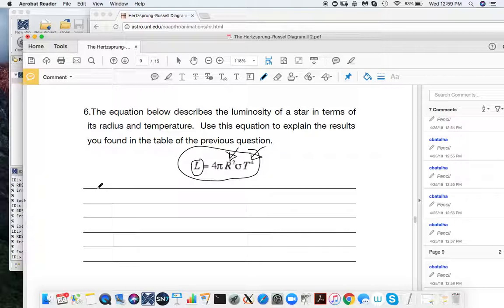So basically, the luminosity depends on how big the star is and also how hot the star is. But as I described in class, the size of the star is more important, because the range in which the temperature of stars changes goes, let's say, from 3000 Kelvin to 30,000 Kelvin.